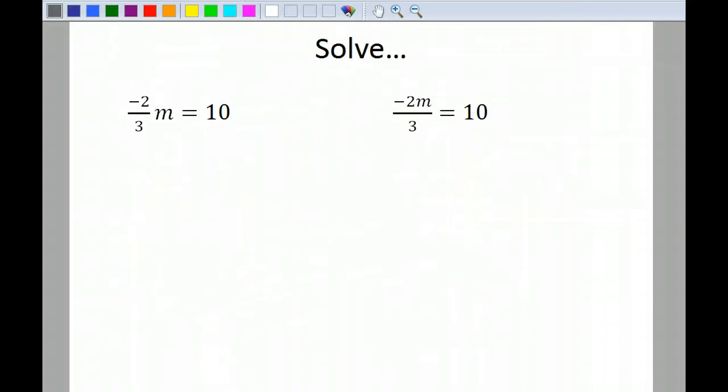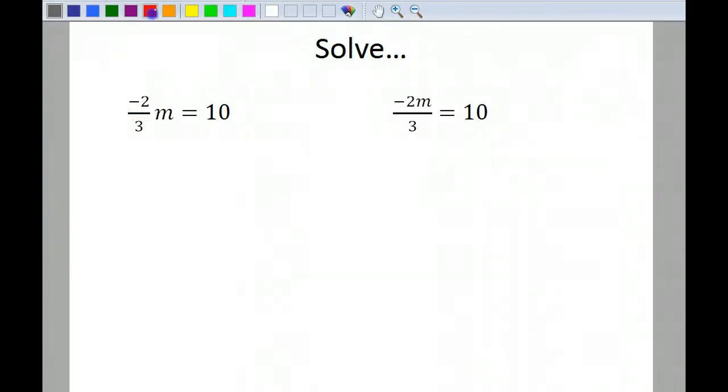Now let's take a look at these. There's also a rule that says that if my coefficient is a fraction, if I multiply by the reciprocal, I'll be able to clear it. I'll be able to get rid of that coefficient because my goal is to get m by itself. So what's the reciprocal of negative 2/3?